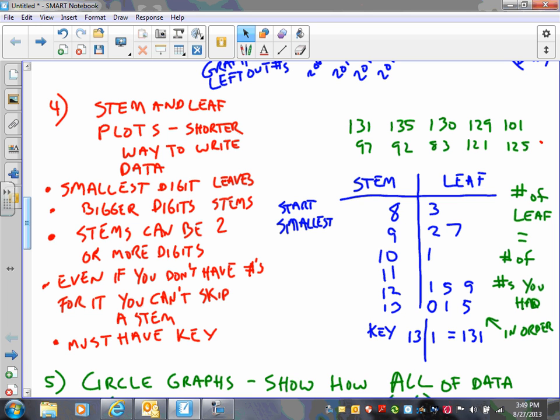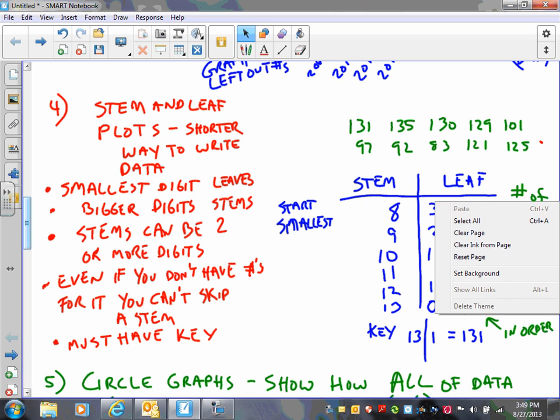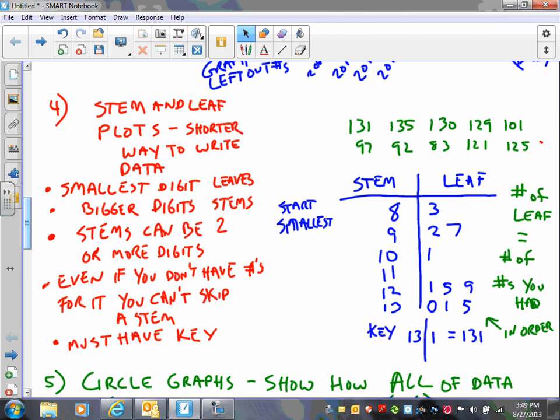So the first thing you do is draw your stem and leaf graph. Then you start with your smallest stem, 8, because I had 83, then 9 for 90, then 10 for 100, because that's 10 tens, then 11 tens.